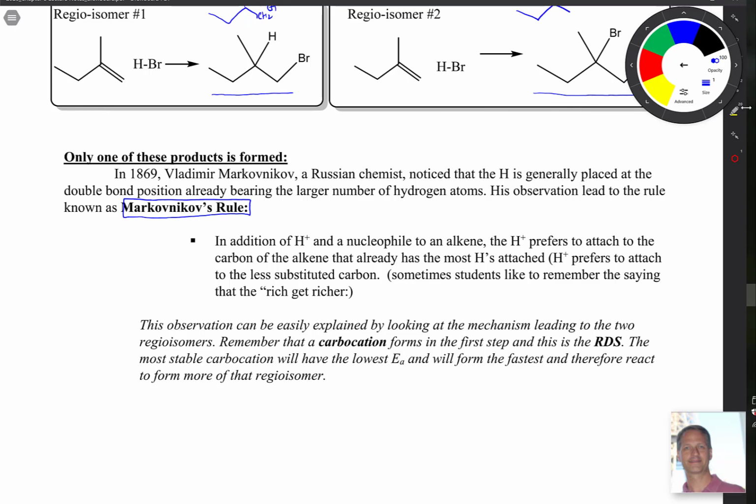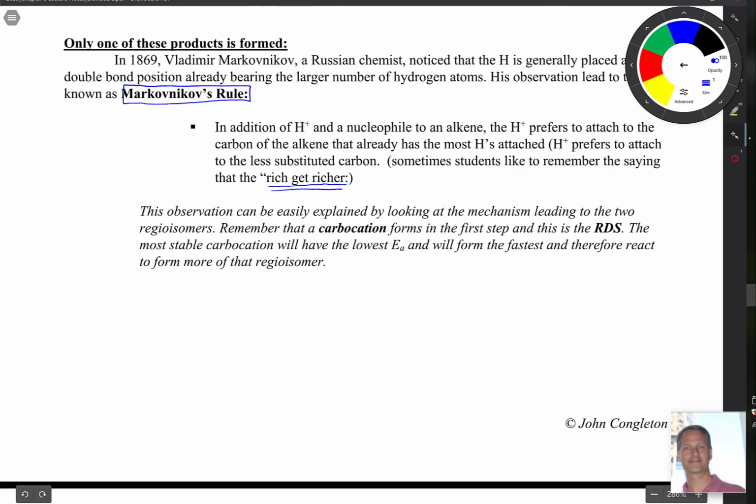What I like to say sometimes is that the rich get richer. The carbon with more H's gets more H's. It's all based on the stability of that carbocation that forms there.